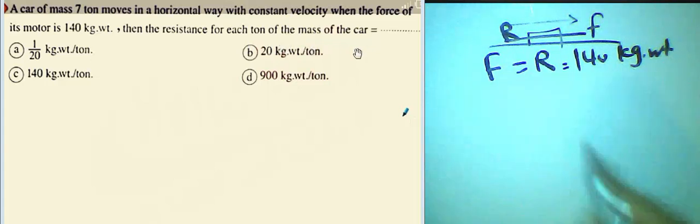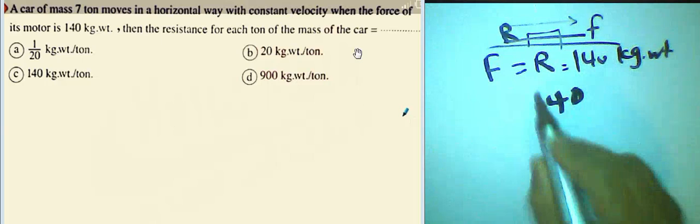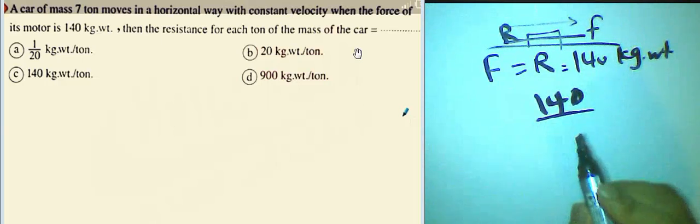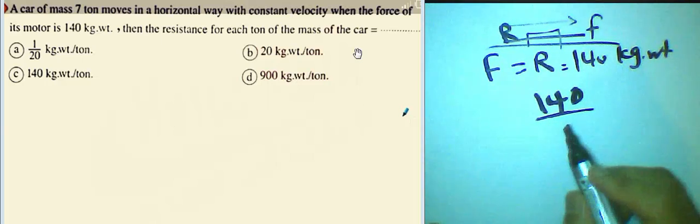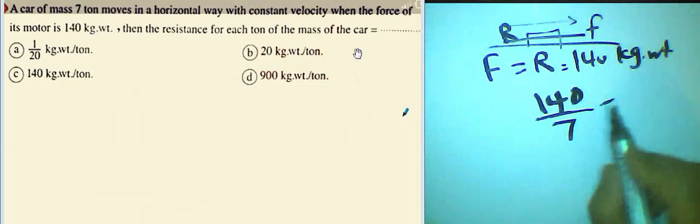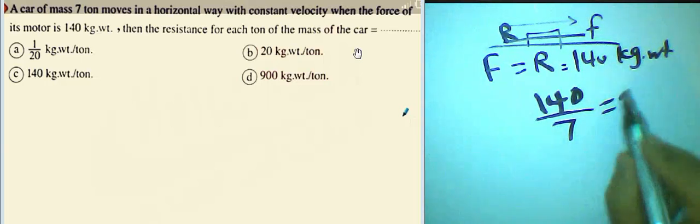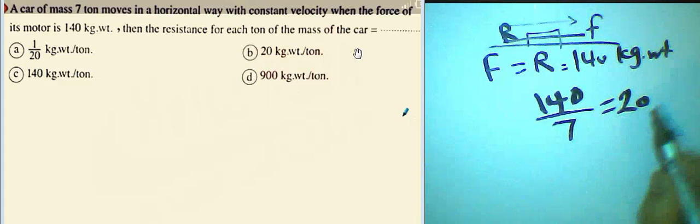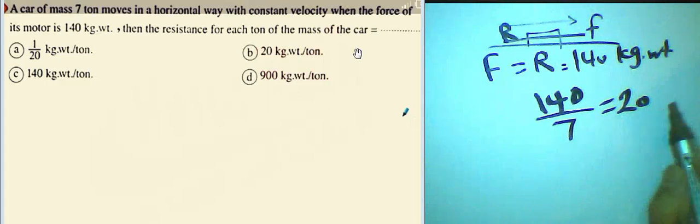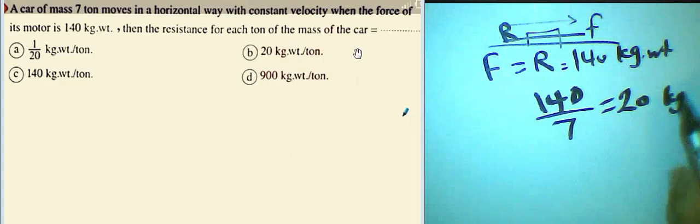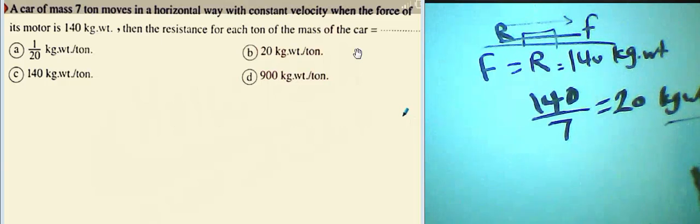We can divide 140 by the number of tons. How many tons? We have 7 tons. So the result will be 140 divided by 7. It will be equal 20. The result will be letter B, 20 kilogram weight per ton. Choose letter B.